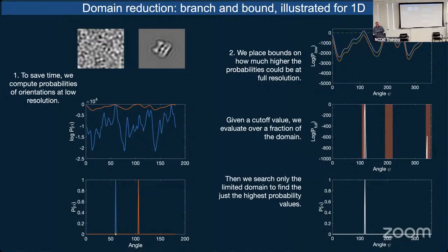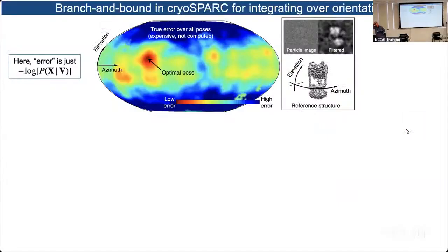What we do is we search the orientations at low resolution, which is much cheaper, and then we ask how high could the actual value be if the low resolution value is that, and then we just take all of the regions where the upper bound is above some threshold, and we just do the integration over this small part of the domain, and that speeds things up. In this case, it's probably a speed up of tenfold. So this is how CryoSPARC does it. It does this in the most elegant way.